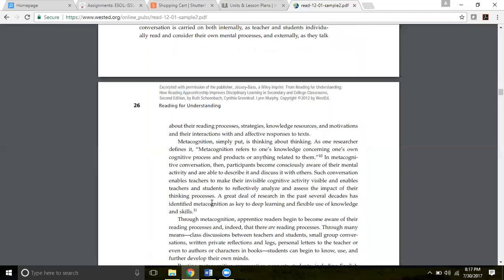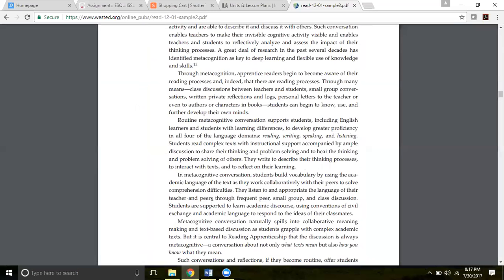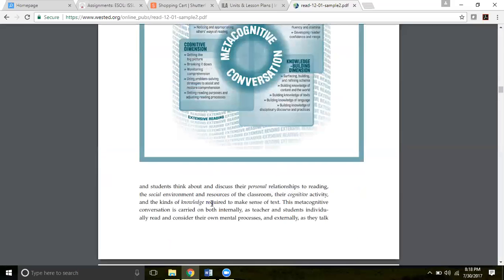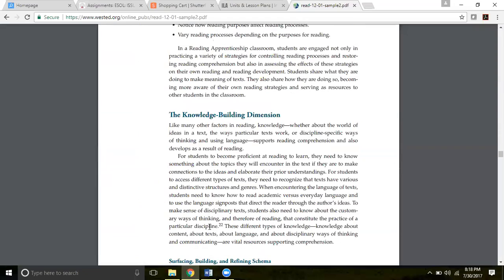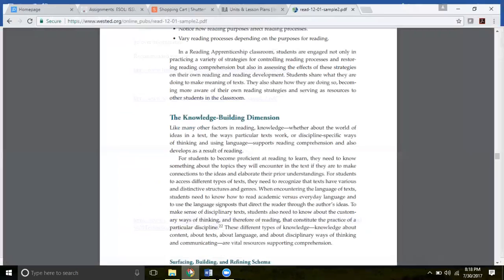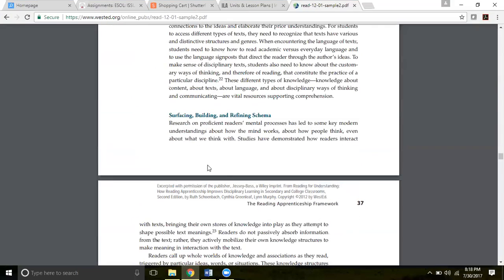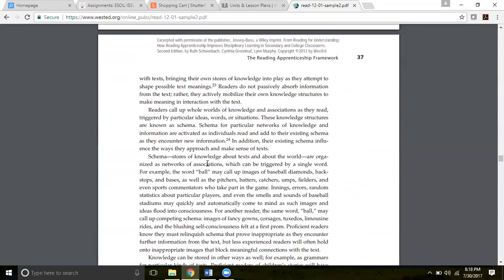As you go through here, you'll start to think about scaffolding, obviously using that background information to really scaffold understanding of material and just getting a little bit more help from our partners. If you go through, lots of good stuff here. It gives you some more information about refining schema. Schema, which again is the stores of knowledge about text and about the world.